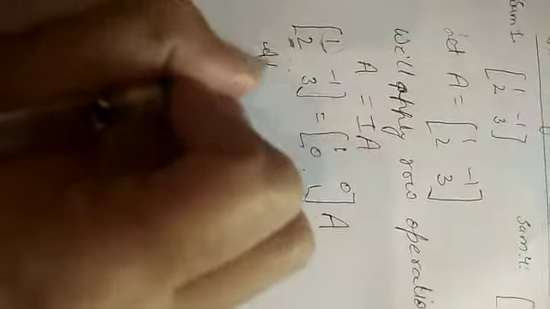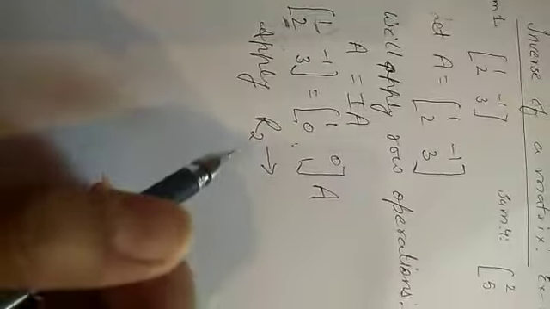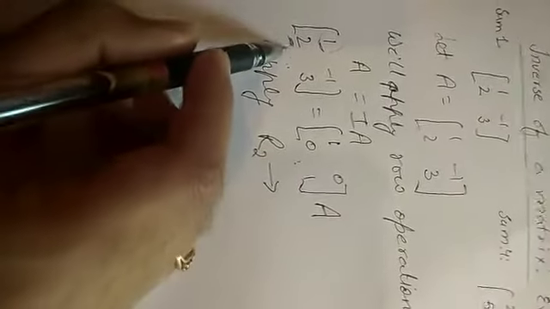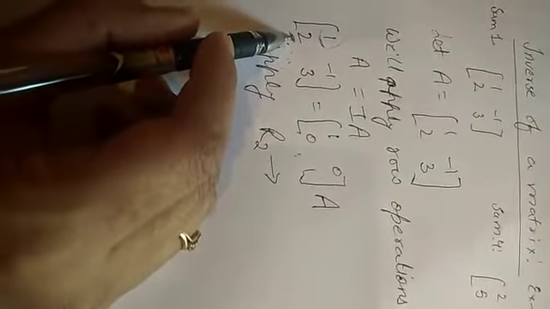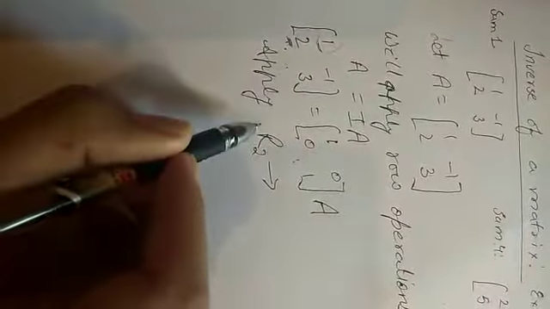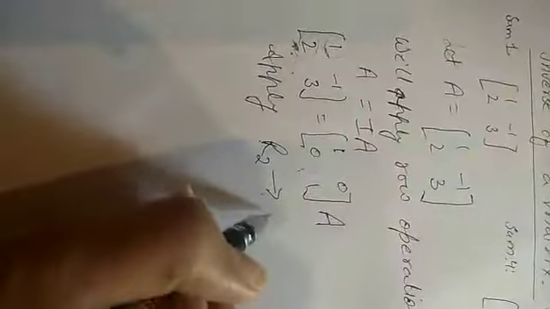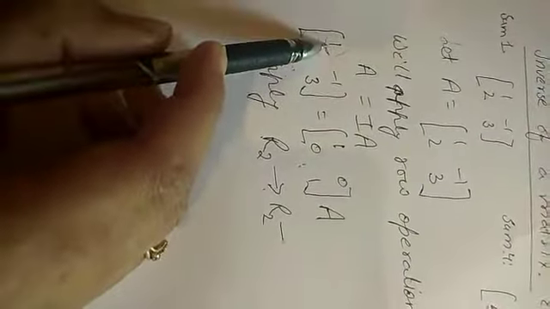So our first operation here will be R2 arrow. Now in which row are we applying the operation? The second row. That means in which row are we making the change? It is the second row. So we will write R2 arrow. What is the operation? In this R2 we will be subtracting 2 times R1.